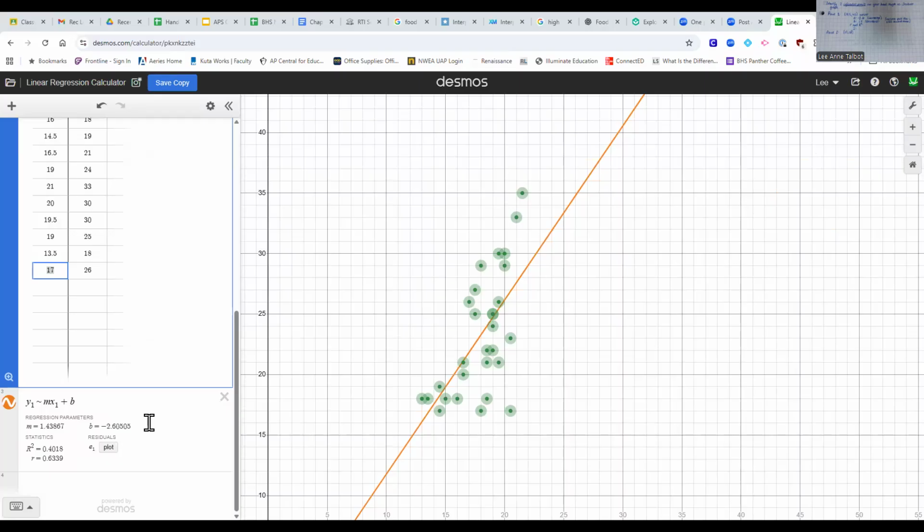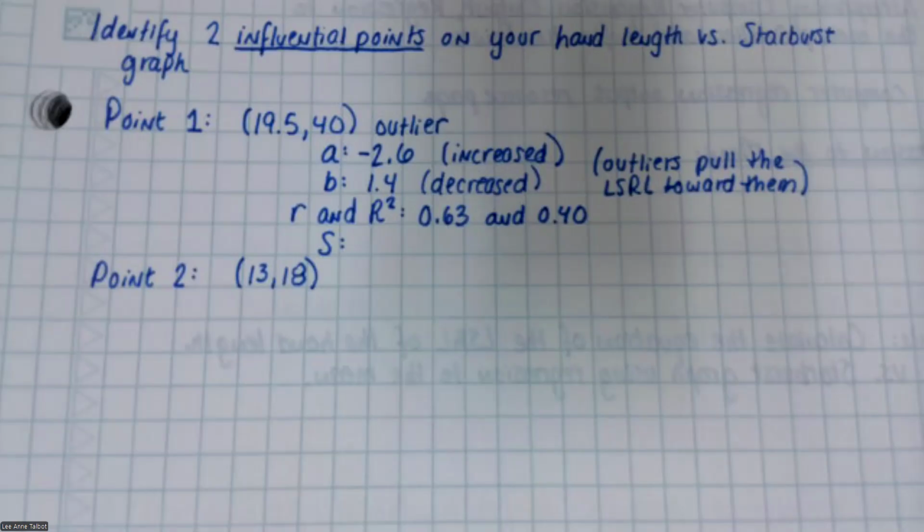Okay, R is 0.63. And R squared is 0.40. R was 0.63 and R squared is 0.40.